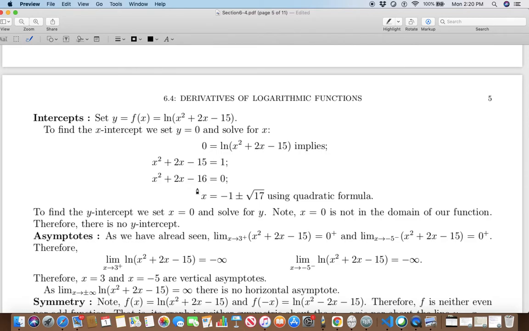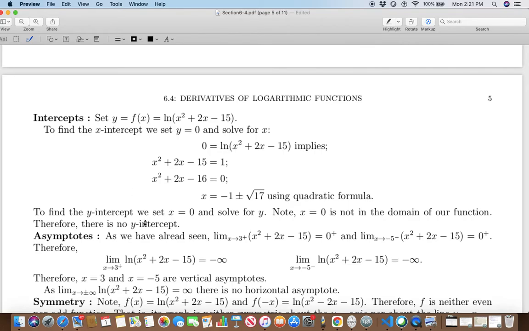Move the 1 over, that's negative 16, so that's a quadratic. All we use is the quadratic formula, assuming I have used it correctly. There are two values of x: negative 1 plus square root of 17 and negative 1 minus square root of 17. That's when I get the x-intercepts.